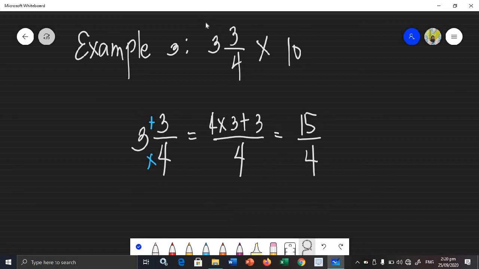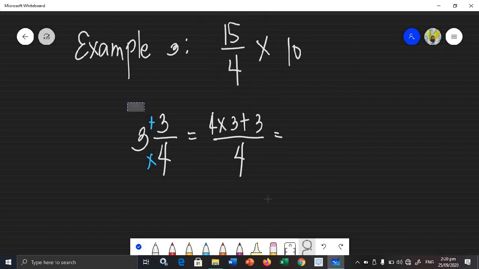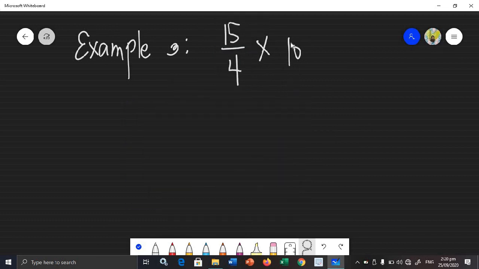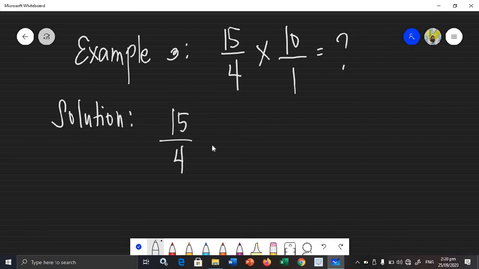So, we will change this. Then, I'm going to move this here. Then, delete this, okay? How about this whole number? Every whole number doesn't have a denominator, right? But, just like what I said earlier, for every whole number, the denominator is automatically 1. So, we will find the product of 15 over 4 times 10 over 1. Okay? So, the solution will be this.